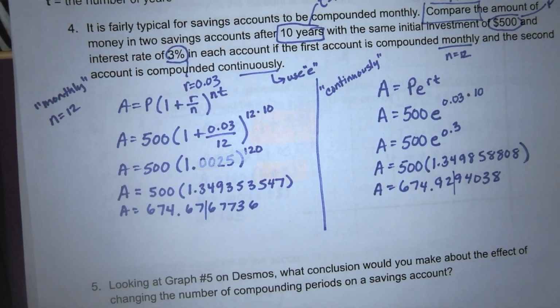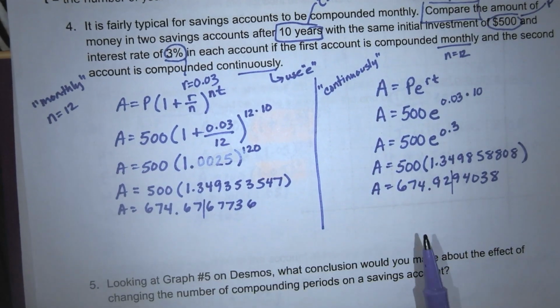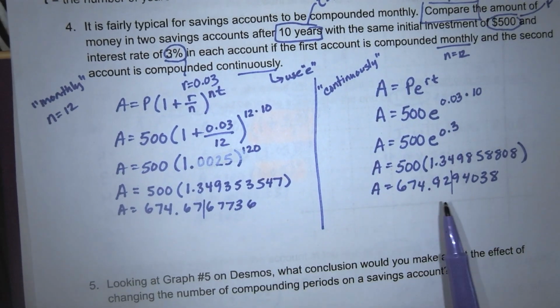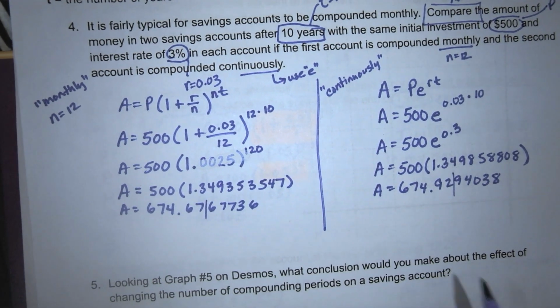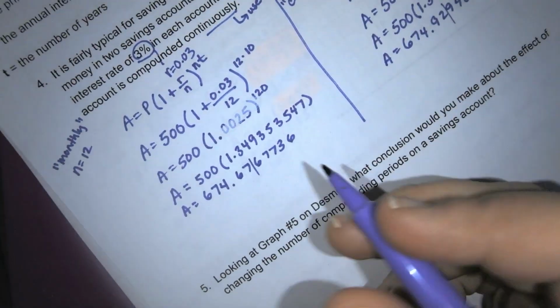So how do those two things compare? Because that part of it says to compare. So we noticed with compounding interest, it's obviously more money, but you get about like 25 cents more on your investment. So it's more, but it's not much more. So let's write that down here.